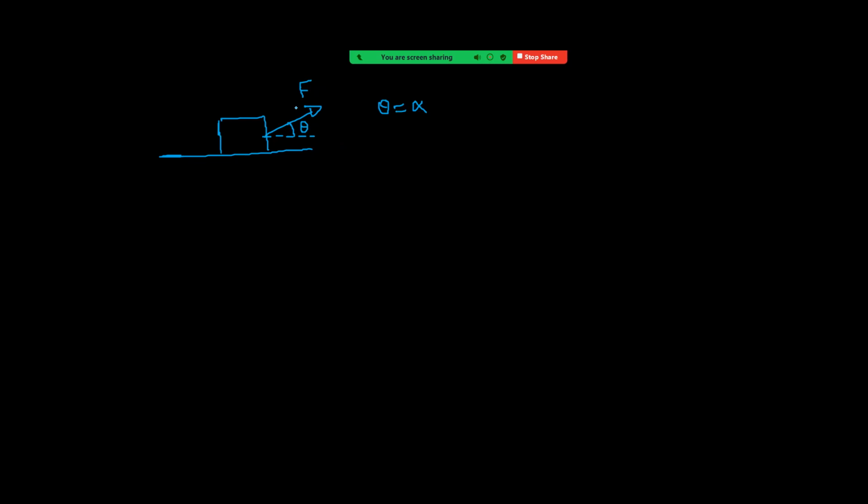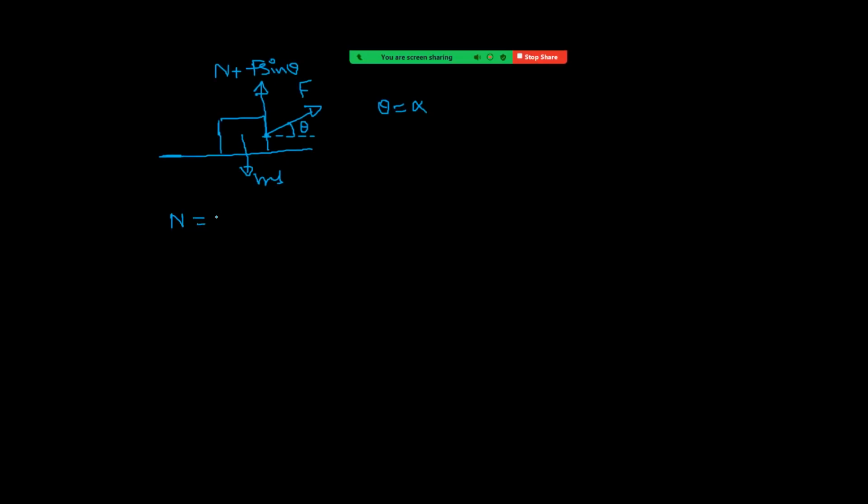See here what happens when we are pulling the block. When we are pulling the block, we have one component along vertical, it is F sine theta. Along vertical there is no net motion, which means there is no net force. Because there is no motion along vertical, normal reaction plus F sine theta should be balanced by mg.